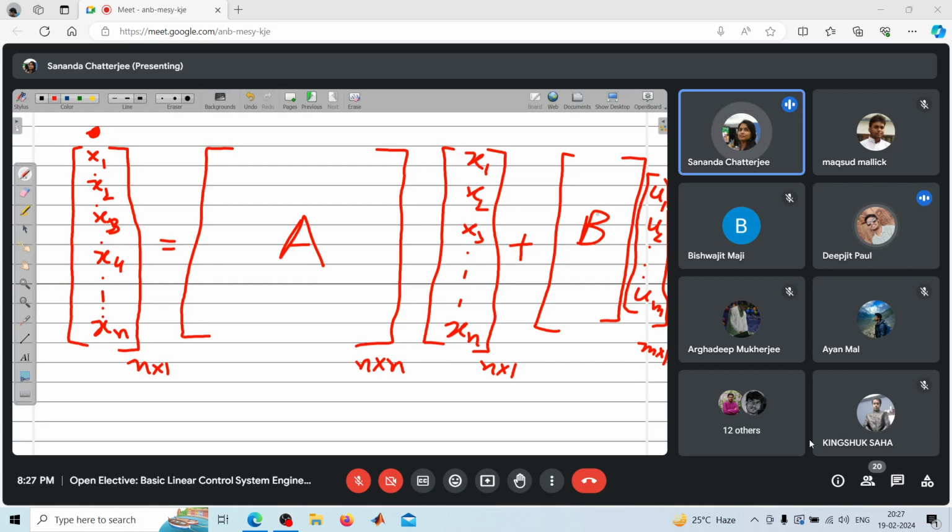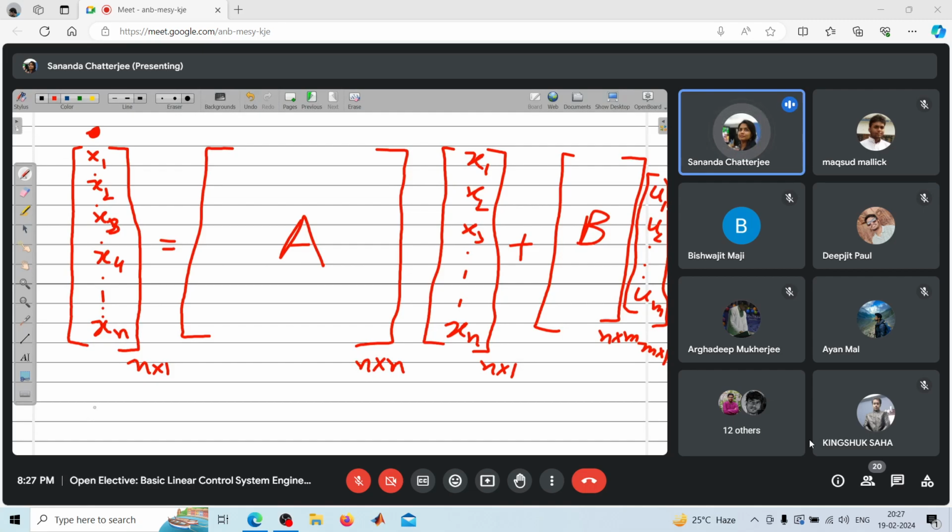And what will be the order of the B matrix? n cross m. Obviously, because in the matrix multiplication the output dimension is already given by n.